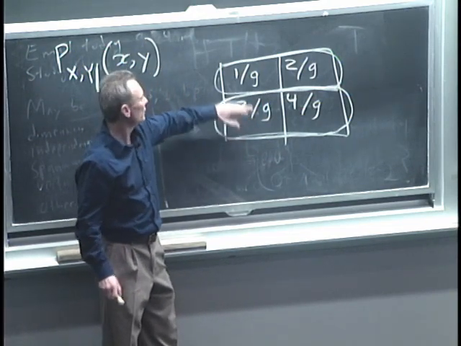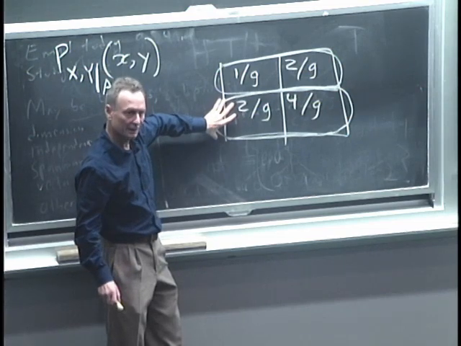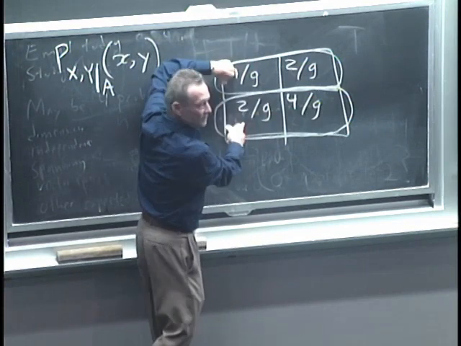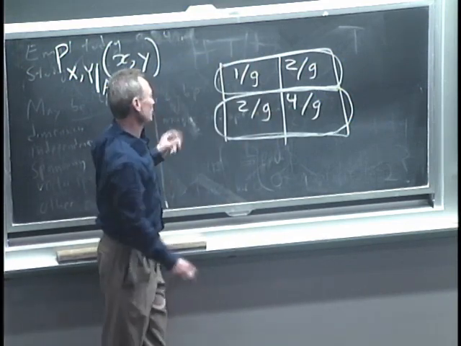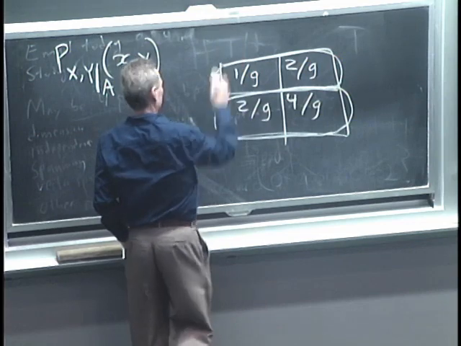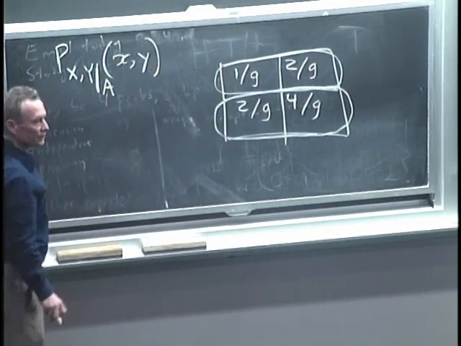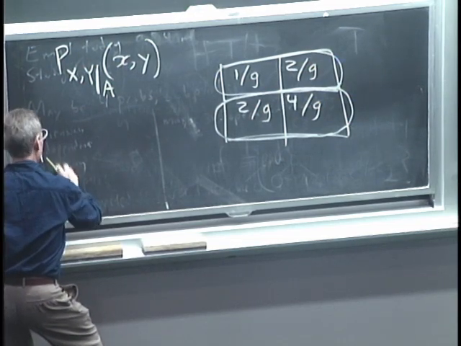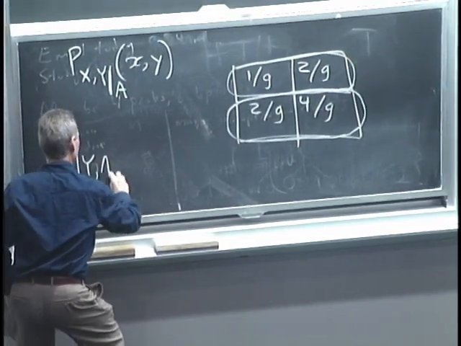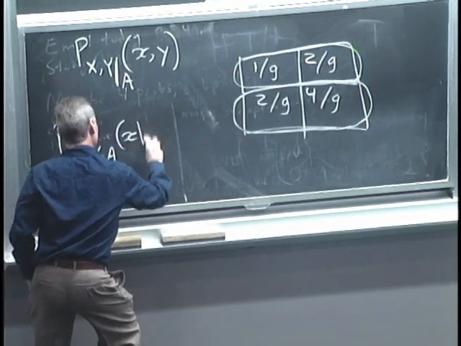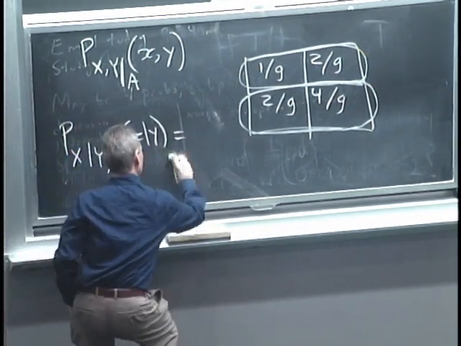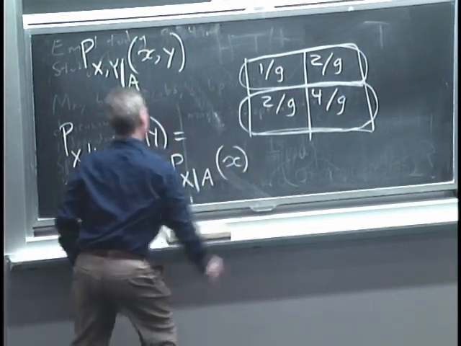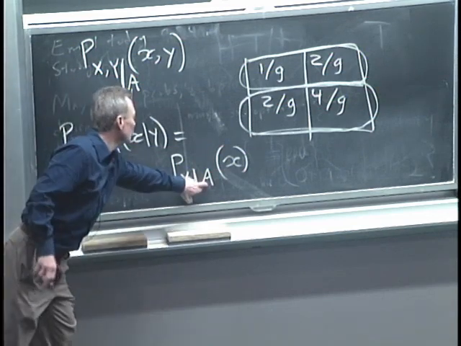So it's the same. Whether we live here or we live there, this x is twice as likely as that x. So the conditional PMF of x given y in the new universe is the same as the marginal PMF of x, but of course in the new universe.